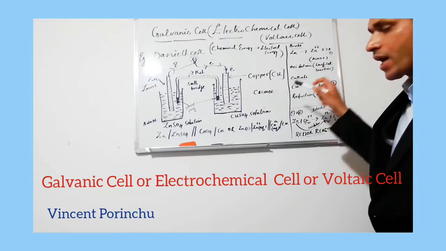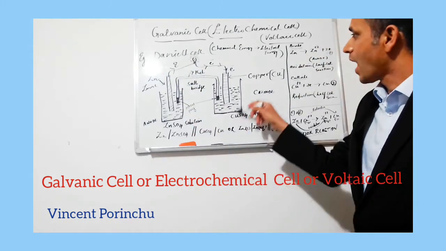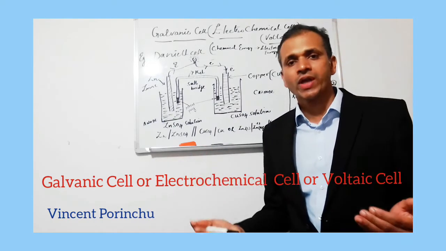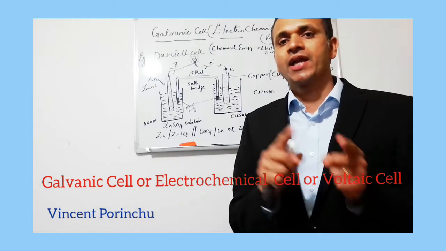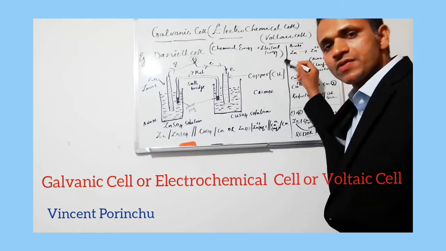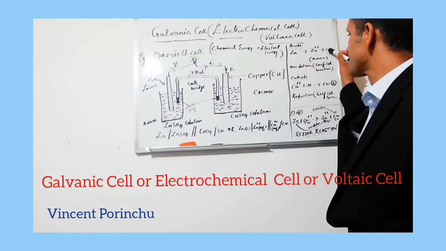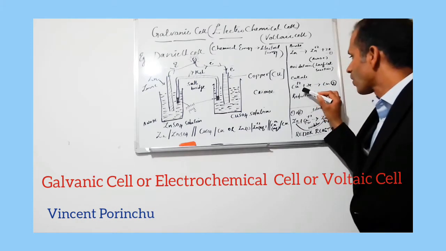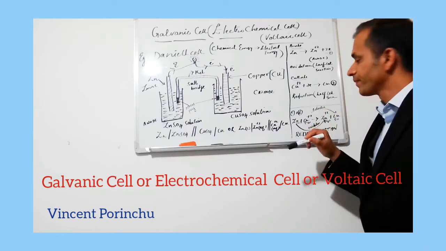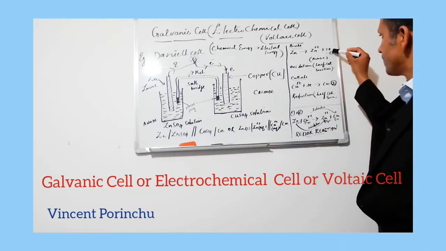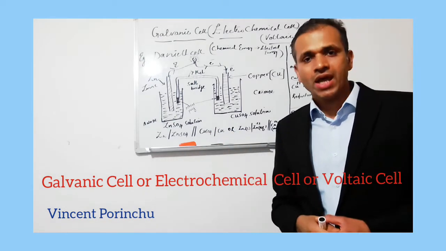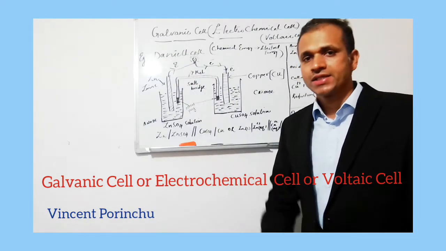The total reaction in a galvanic cell is a combination of those two reactions taking place at the anode and cathode. At the anode, oxidation: zinc gives Zn2+ plus 2 electrons, and at the cathode, Cu2+ plus 2 electrons gives metallic copper.